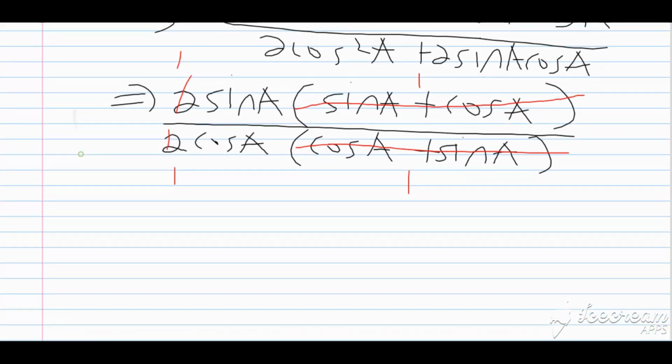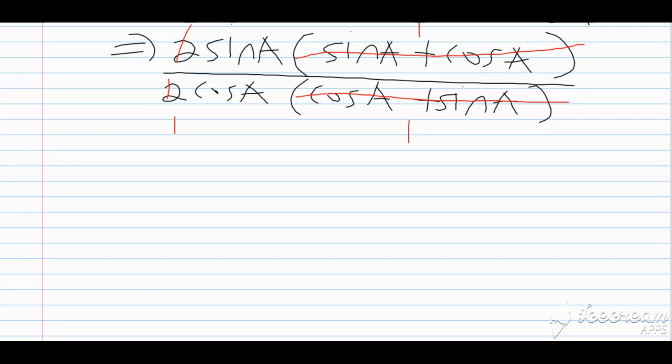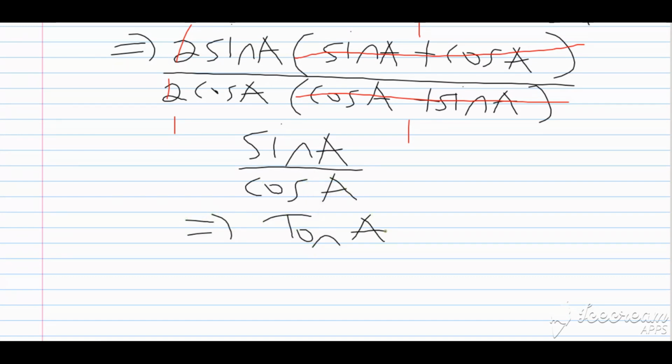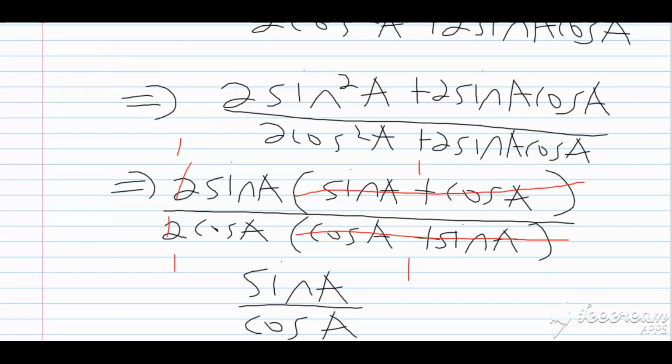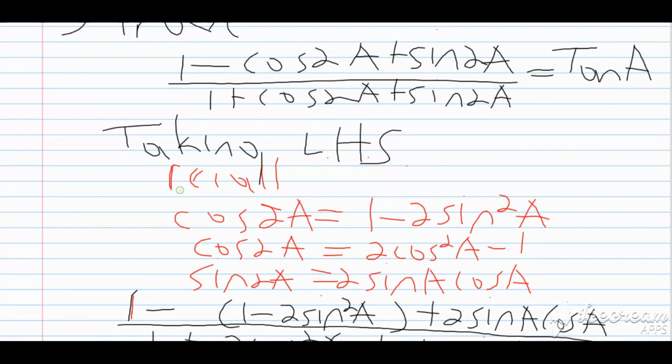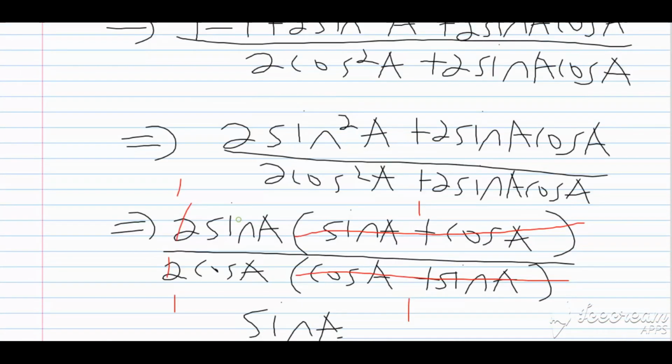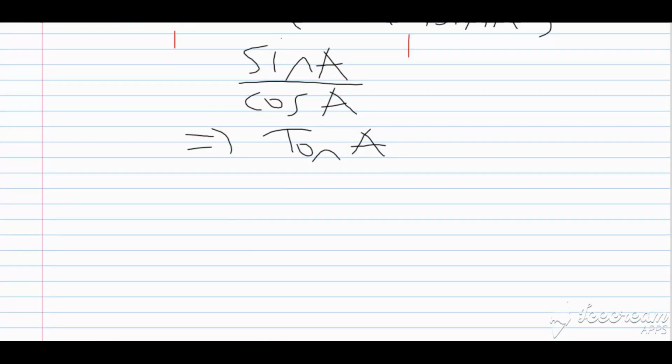What I'll be left with here is just the sine of A over the cosine of A, which we know ultimately is a tangent of A. So now we have exactly what we wanted. If we go back up here, that is what was on the right hand side. So we can make our concluding statements that the left hand side is equal to the right hand side.